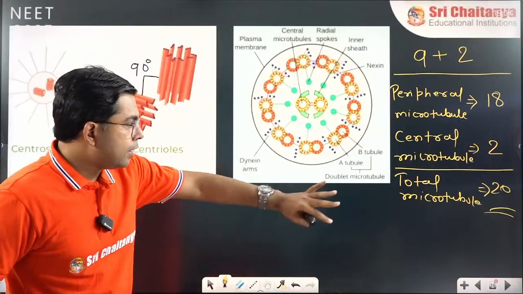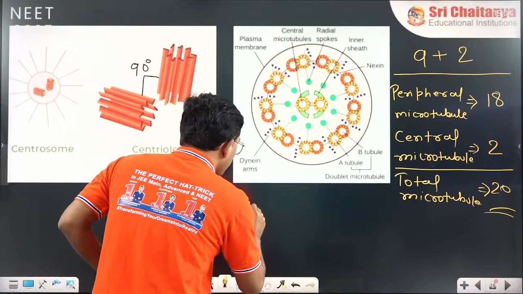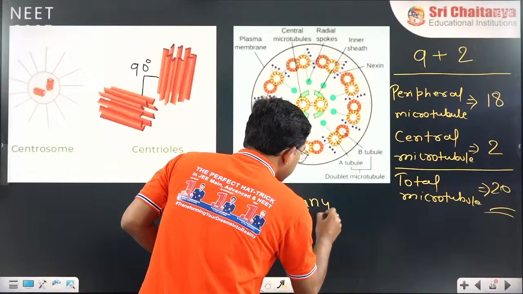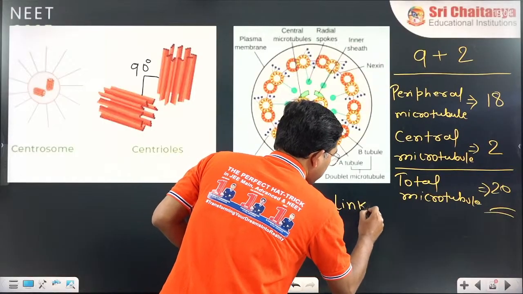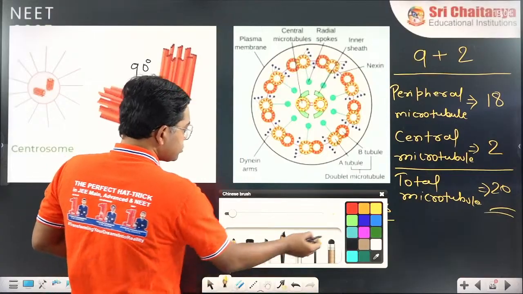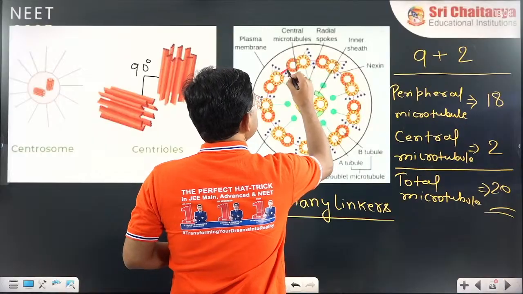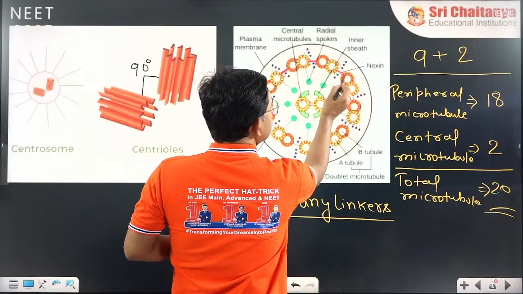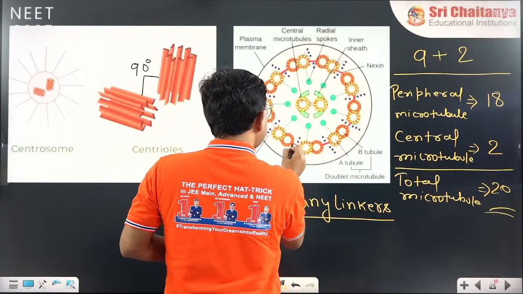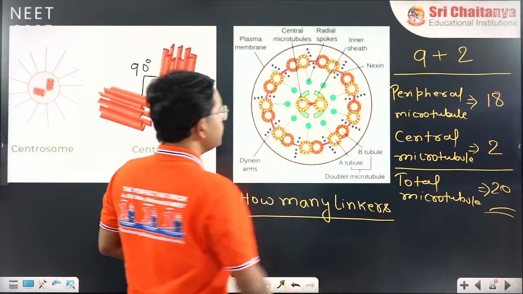Now apart from these numbers, sometimes a question is asked about how many linkers. Here, in this case, the doublets are connected through linkers. So 9 doublets are there. So how many linkers will be here? 9 linkers in the periphery, and 1 linker is also at the center.